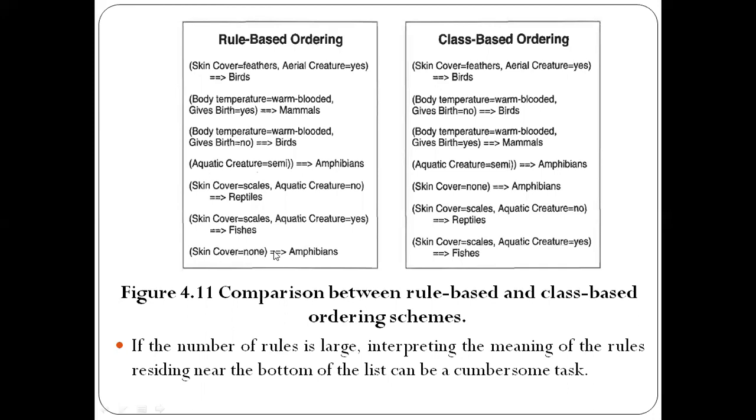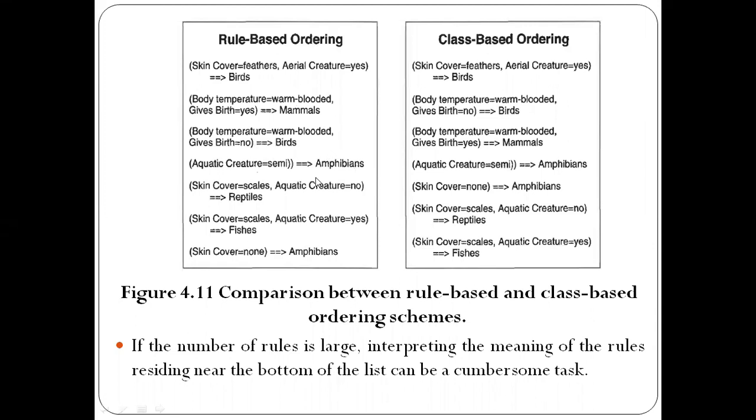They will be quite difficult to interpret or understand, because we will be assuming that the rules appearing at the bottom have a rule antecedent that is the negation of the rules appearing at the top. The interpretation of this rule will be considered as the negation of the previous rules.